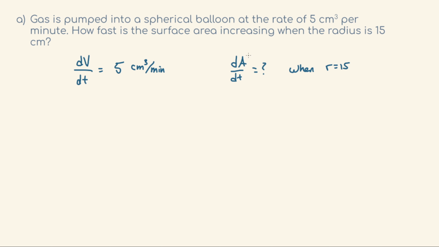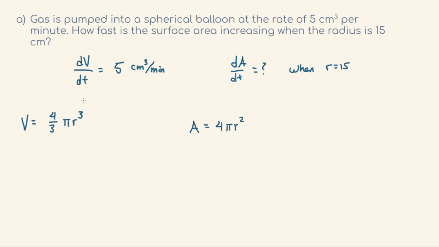Unfortunately, at least in the case of spheres, that formula doesn't really exist, okay? But what we do know is two different formulas. We have volume of a sphere is equal to 4 over 3 pi r cubed, and we also have this other formula, the surface area of a sphere, is equal to 4 pi r squared.